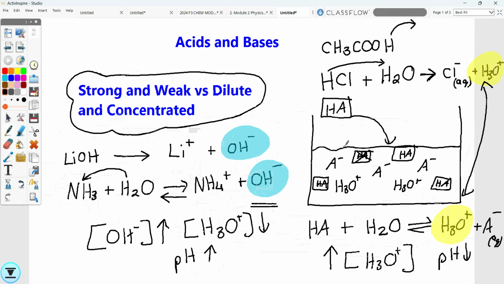Now, how can I make this dilute? You just put more water in. So this is concentrated, meaning there's a lot of acid particles for the amount of water, not caring whether they have dissociated or ionized or not. There's just a little bit of water. But if I now want to make it more dilute, all I'm doing is adding in more water.